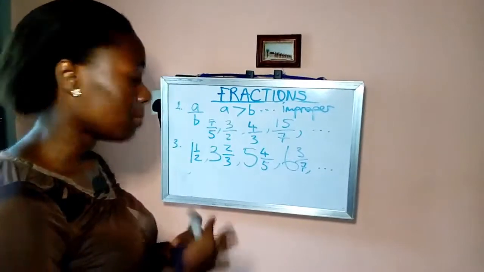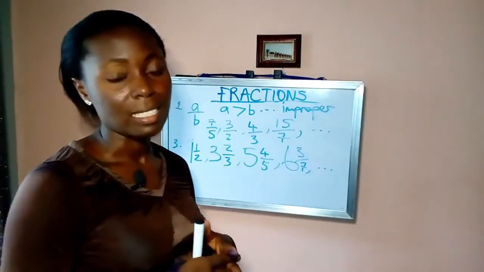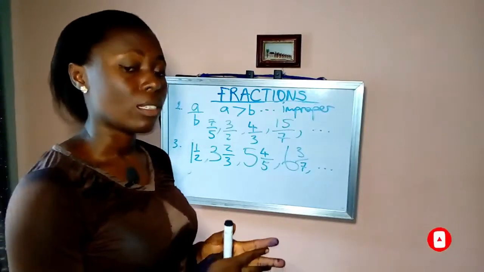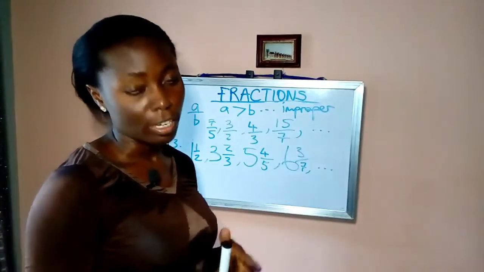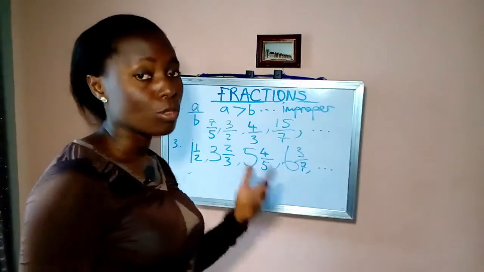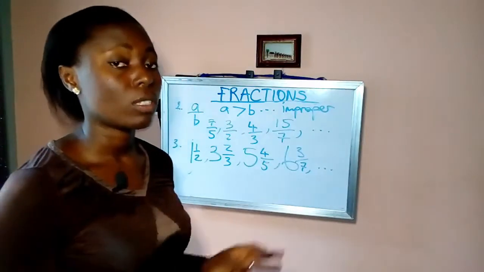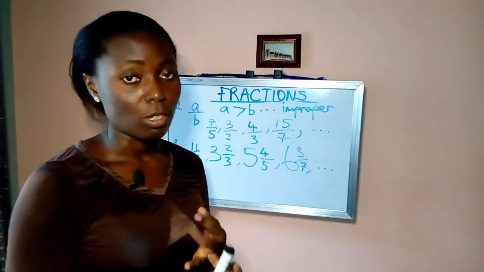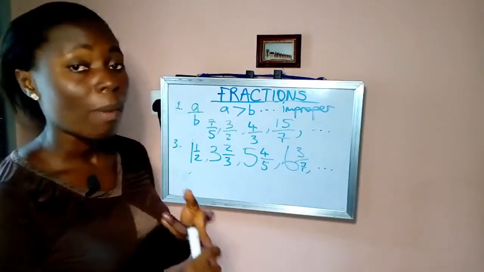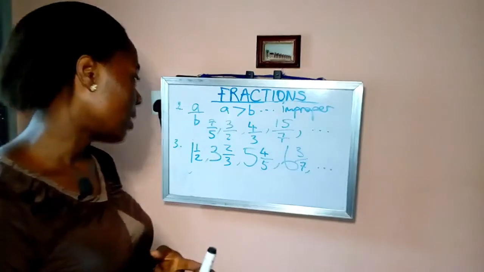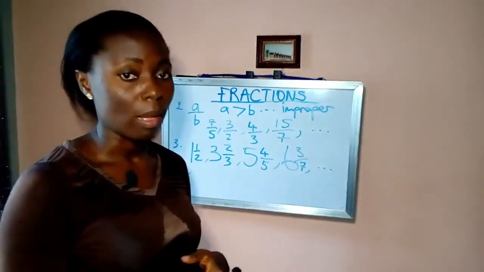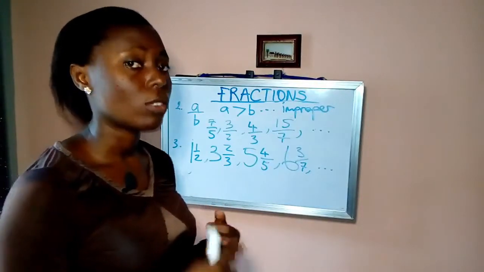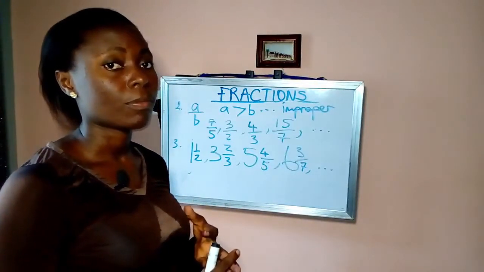Alright, we'll go over it again. In this class, what we look at is simply types of fraction. In fractions we have just 3 types: first is proper fraction, second is improper fraction, and the third is mixed number.